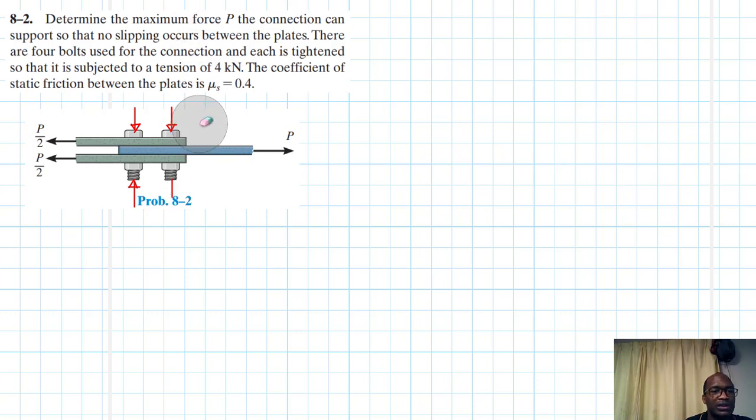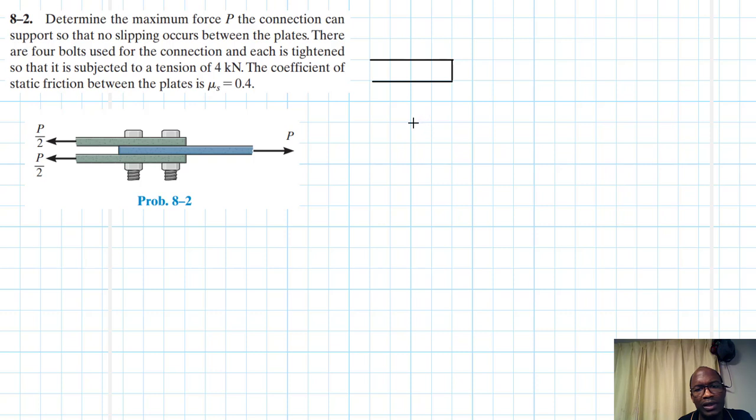Let me just draw the plates. So let's say our plates are this thick, like so. We have one there.